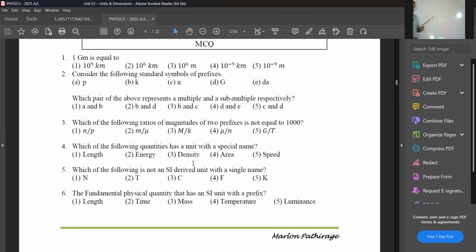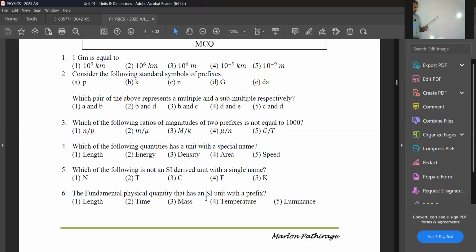So it doesn't have a special name. Area doesn't have a special name. Meter squared. Speed doesn't have a special name. But energy has a special name. What is that? It is joule. So which of the following quantities has a unit with a special name? It is energy, because the unit of energy is equal to joule.